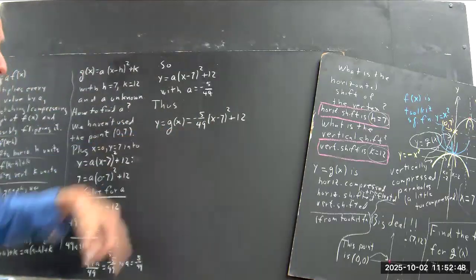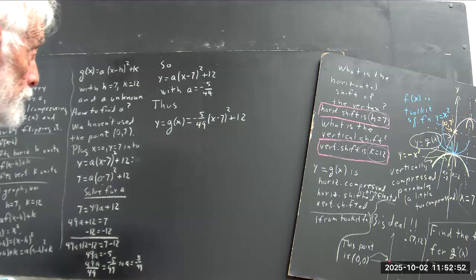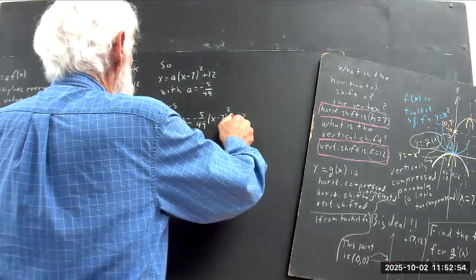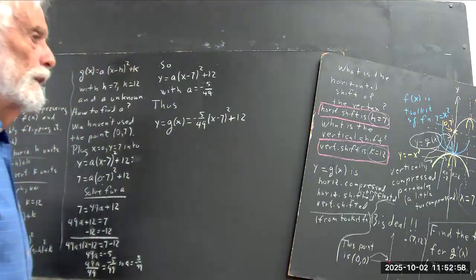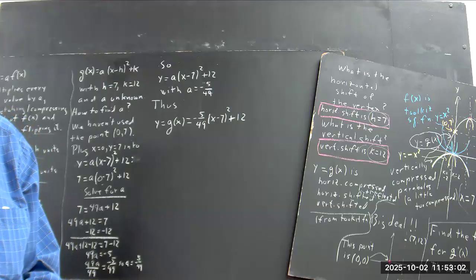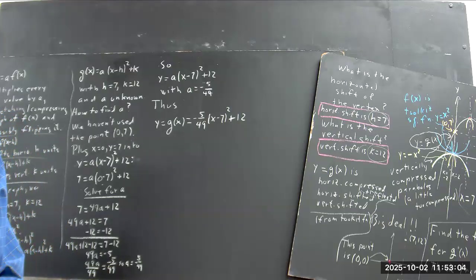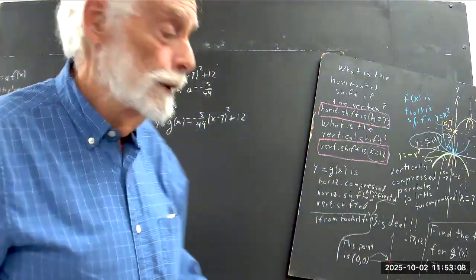And there's our equation. And that's the entire process that we use when we have the graph of a quadratic equation.